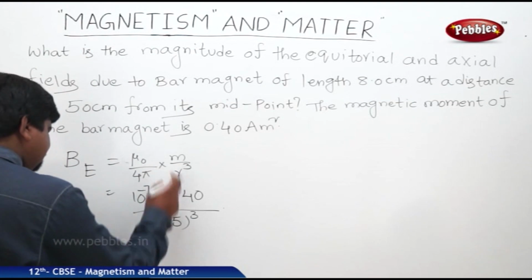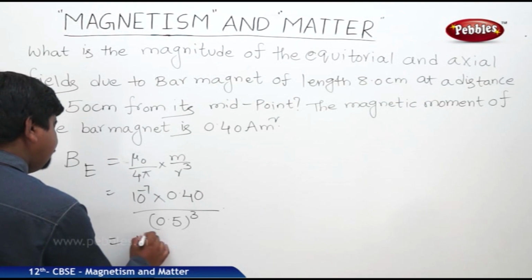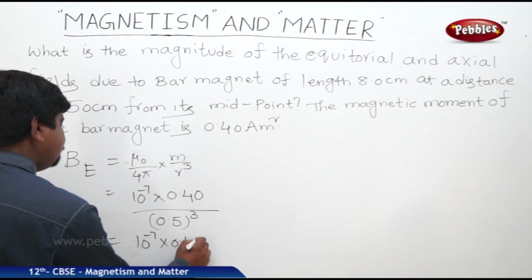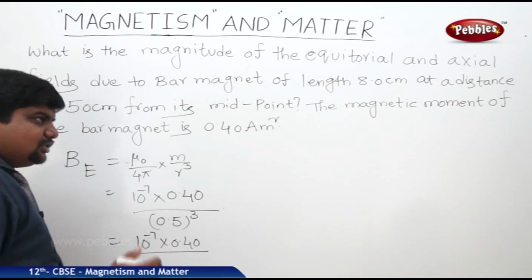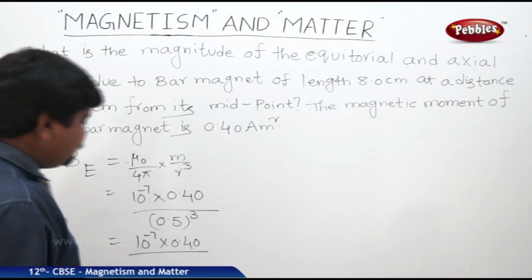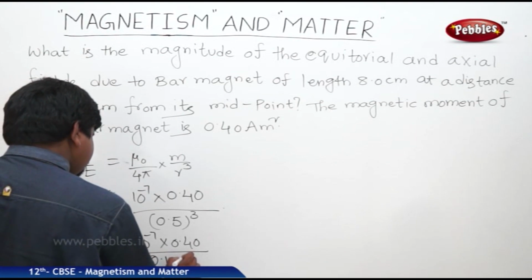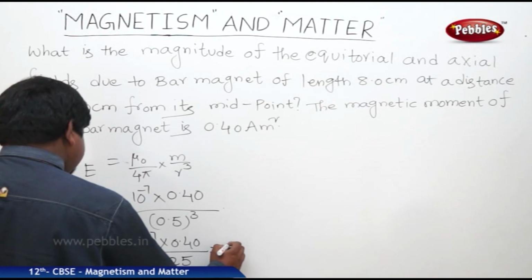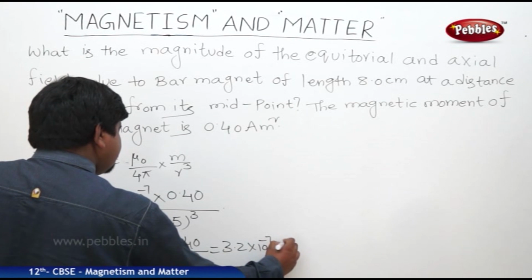This will be 10 to the power of minus 7 into 0.40 by 0.125. 5 fives are 25, 25 fives are 125, so it will be 0.125. So we will get the answer 3.2 into 10 to the power of minus 7 Tesla.